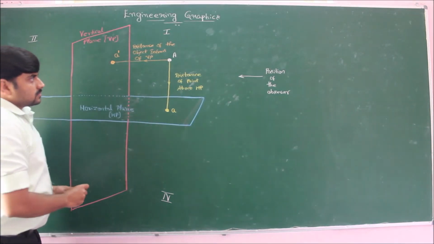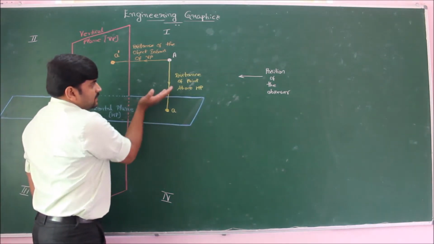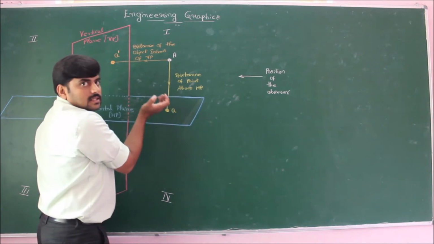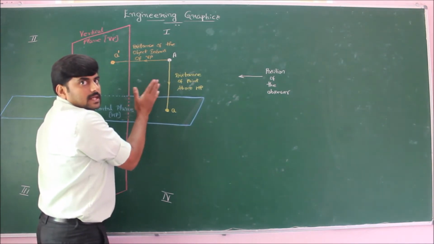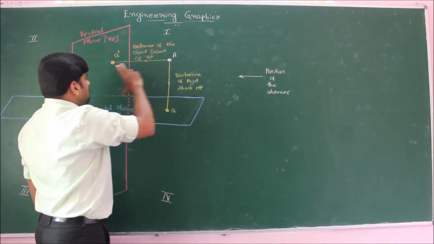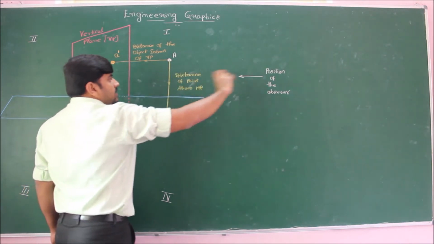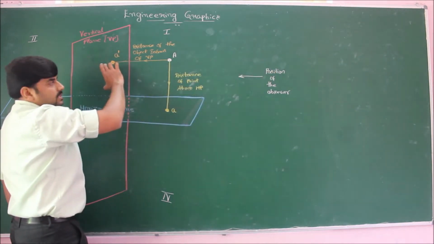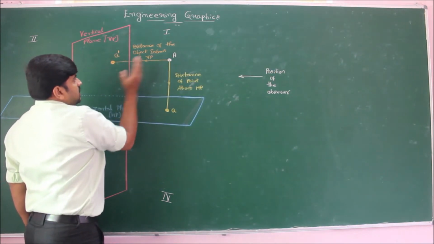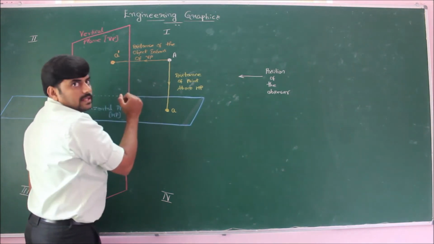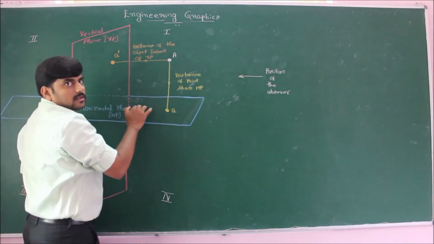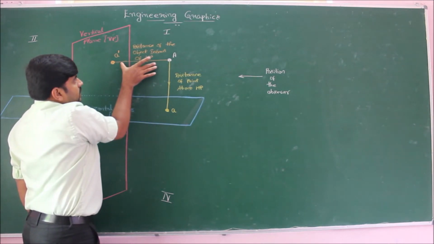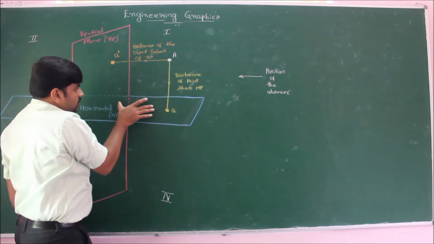Now, if a point is specified with respect to the horizontal plane, what I mean to say is that if a point lies 30 mm above the horizontal plane, I should show the distance in the vertical plane, because you can visualize the distance above the horizontal plane in its front view. Similarly, any distance specified with respect to the vertical plane will be plotted onto the horizontal plane, because in the top view the observer can see the distance of the object in front of VP, which is plotted onto the horizontal plane.